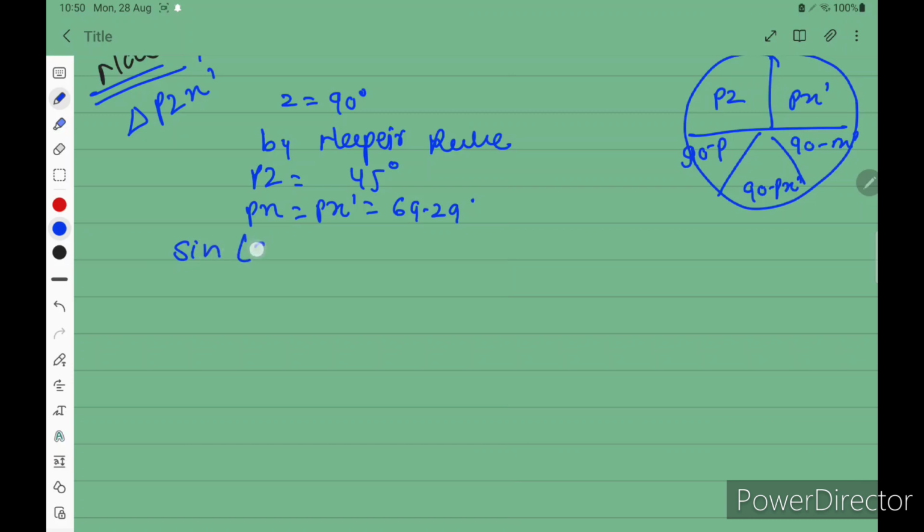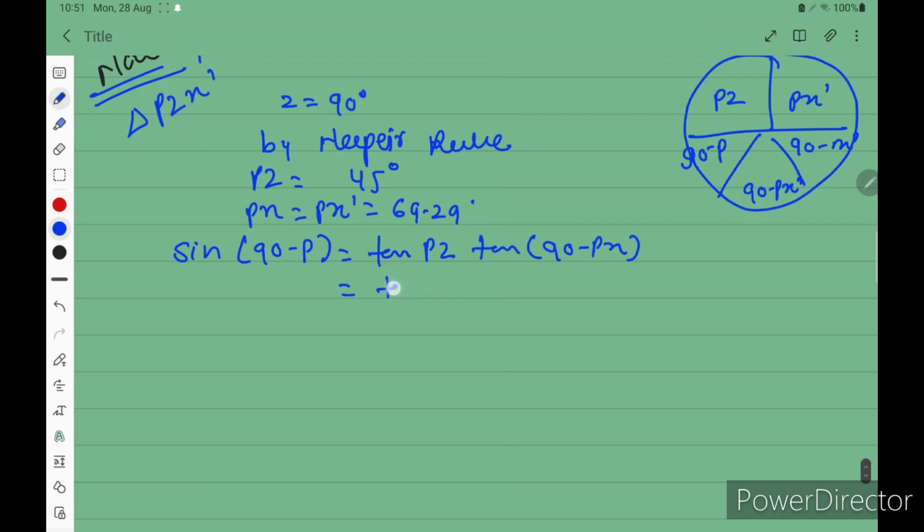Therefore sine of 90 minus P is equal to tan PZ into tan of 90 minus PX. Correct? So tan 45 into tan of 90 minus 69.29, that is tan 45 into tan 20.71.